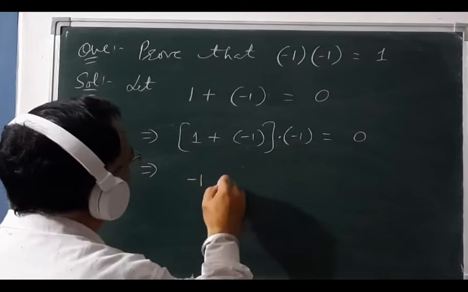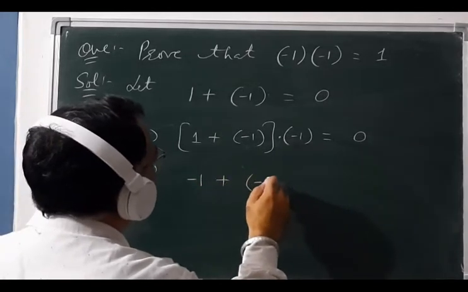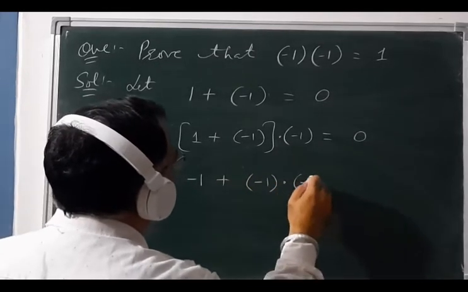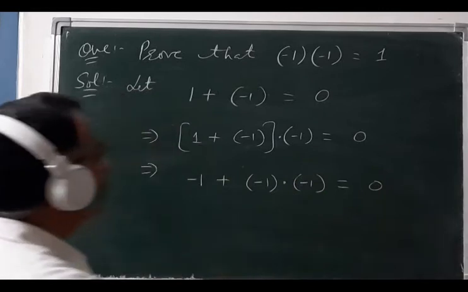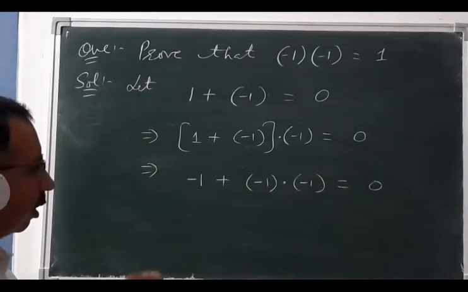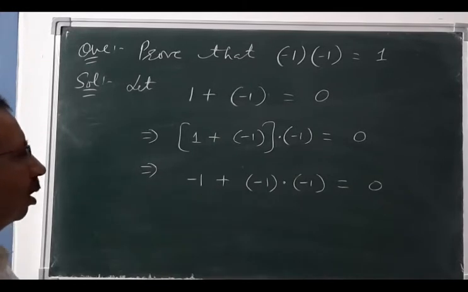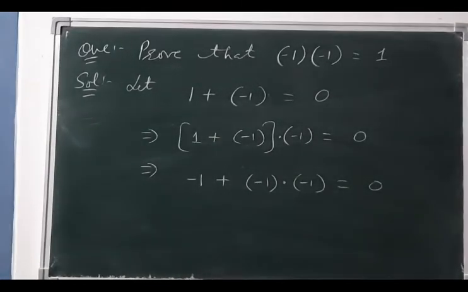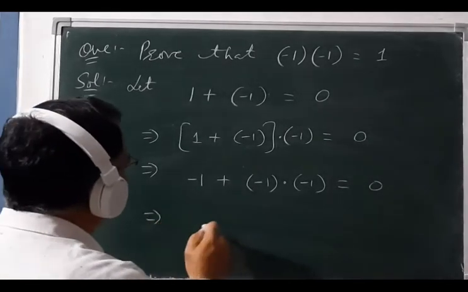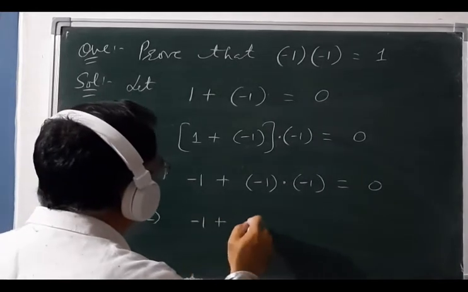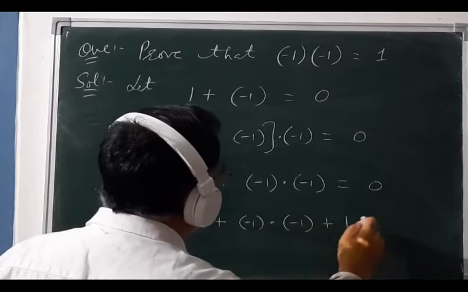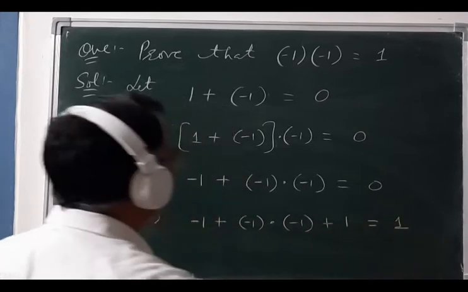So this is minus 1 plus minus 1 times minus 1, and this is equal to 0. Now add the additive inverse of minus 1 to both sides, or I can say add 1 to both sides. So I get minus 1 plus minus 1 into minus 1 plus 1 is equal to plus 1.